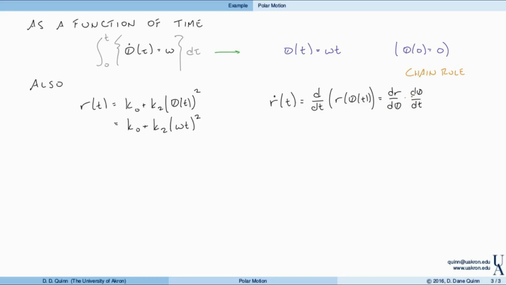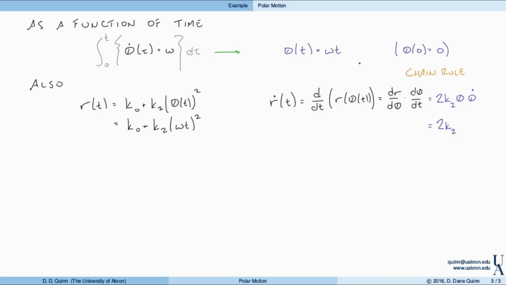And we can easily evaluate each of these separately to find that dr d theta is 2 times k2 times theta, right, just taking the derivative of this with respect to theta, times d theta dt, which again is theta dot. So now, looking at this expression, we find that r dot becomes 2k2.